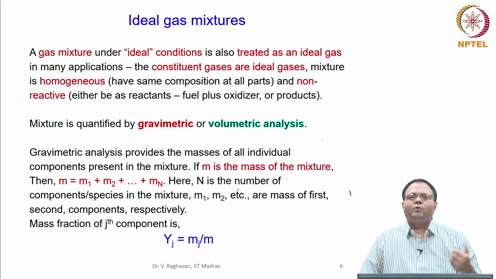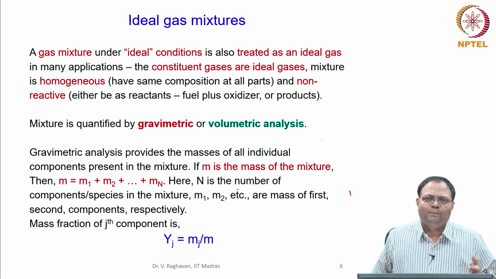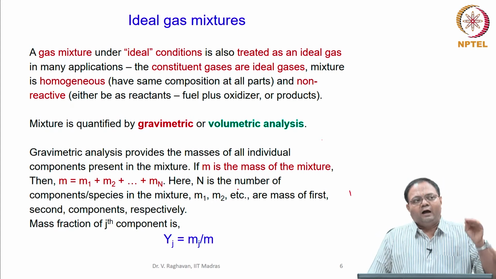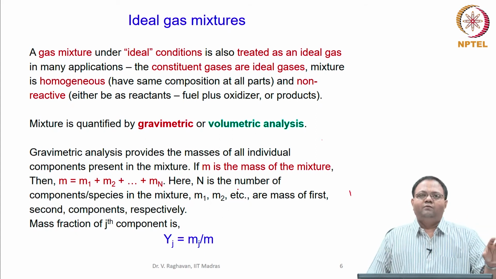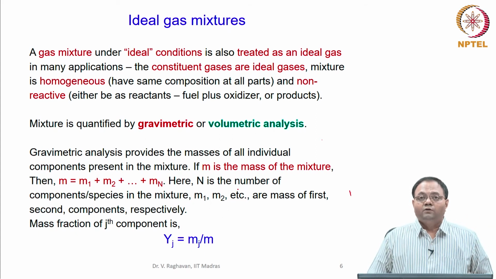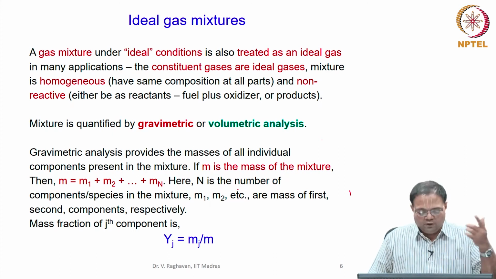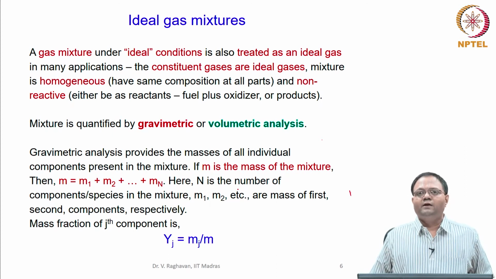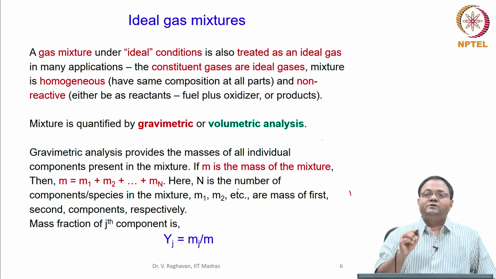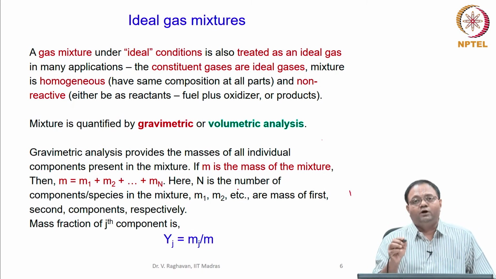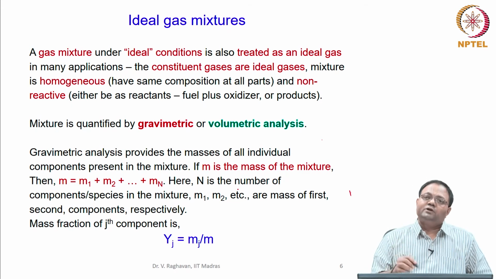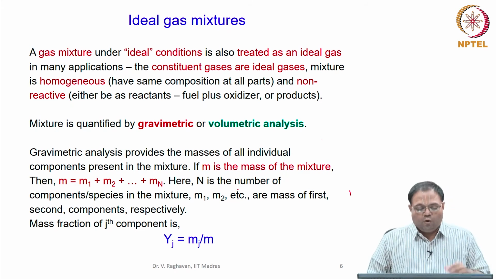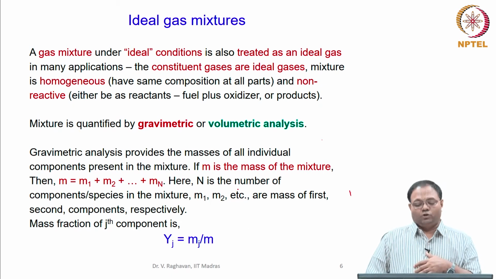Its density is approximately 1.2 kg per meter cube. At this low density, air will behave as an ideal gas. This is because oxygen and nitrogen both behave as ideal gases, so the air itself will behave as an ideal gas. When each and every constituent of the mixture is an ideal gas, then the mixture itself will behave as an ideal gas.